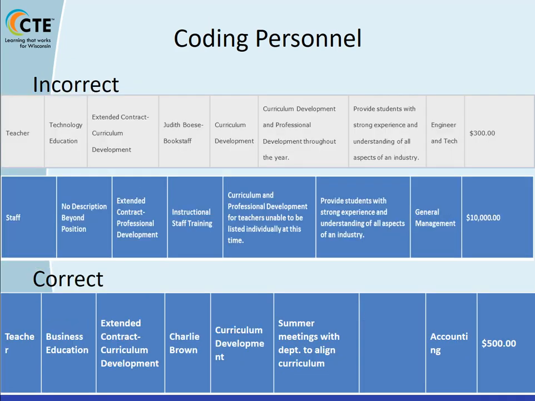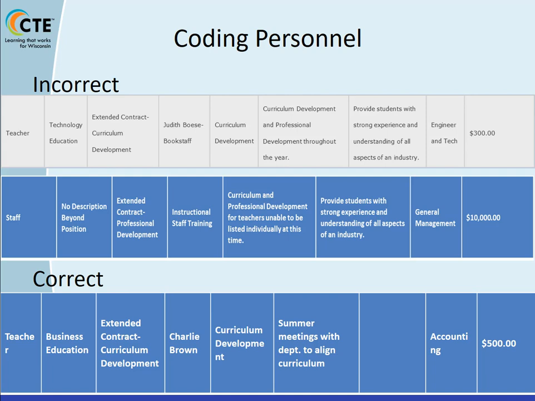All right, so let's see if you can figure this one out. In the first line, can you identify what the error is? Okay, so the activity selected from the drop-down was curriculum development, but to the right, in the description column, it talks about curriculum development and professional development.